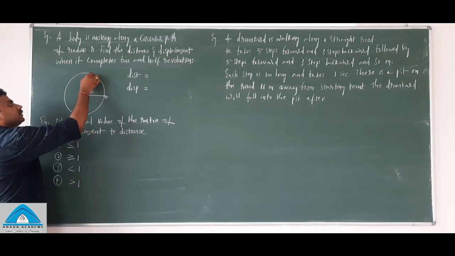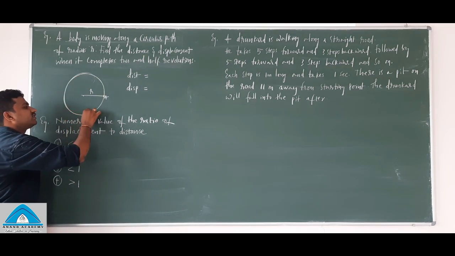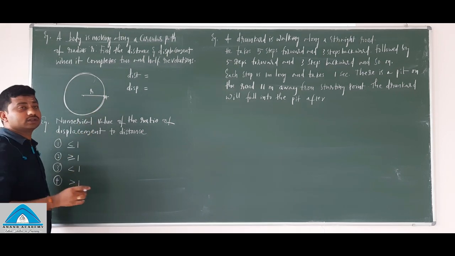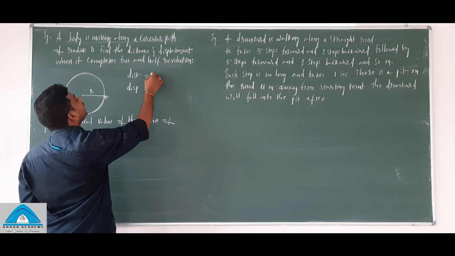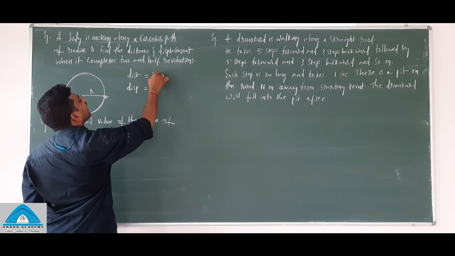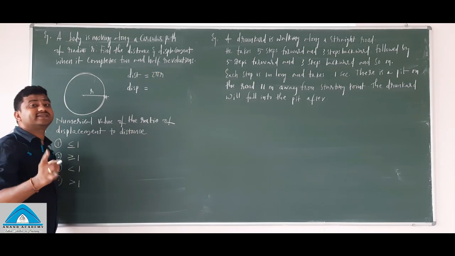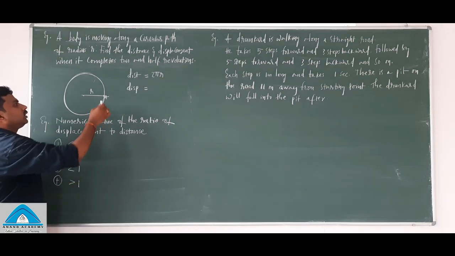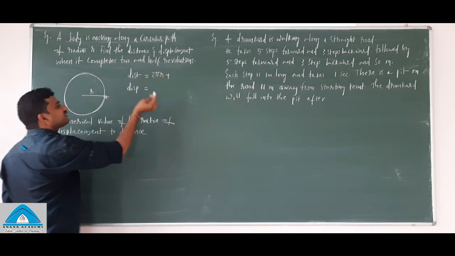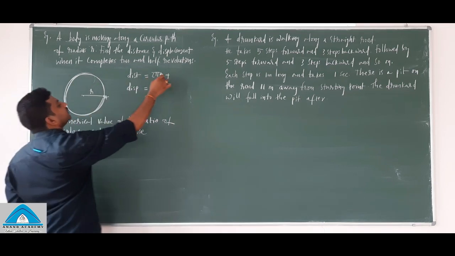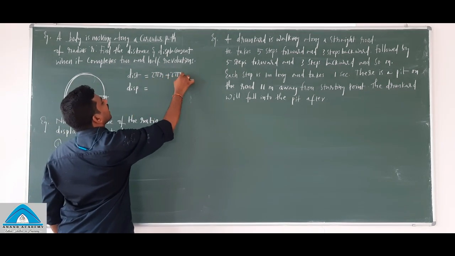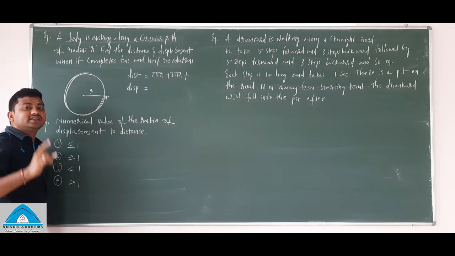One revolution. How much is the distance traveled? For one revolution, the distance traveled will be 2 pi r. I hope you remember, that's the circumference, right? Plus the second revolution, 2 pi r, plus the third revolution.